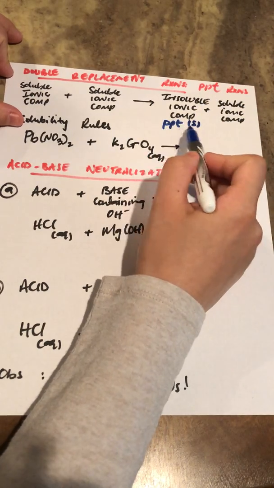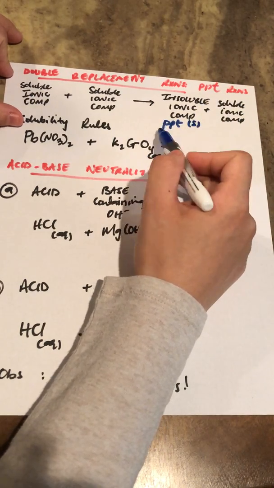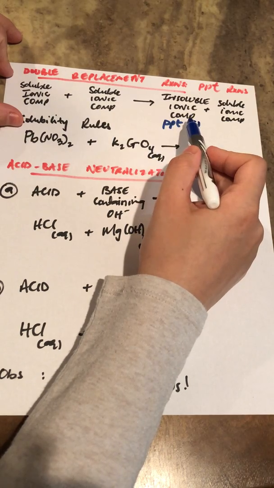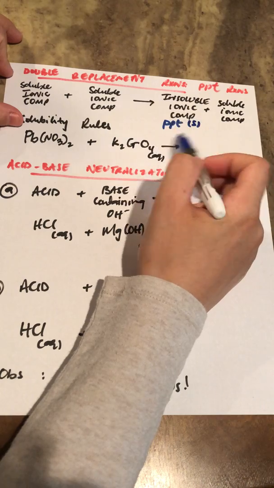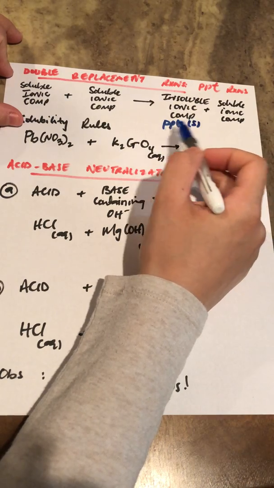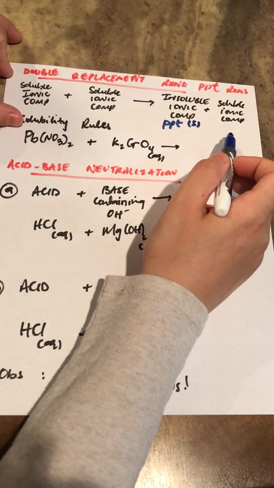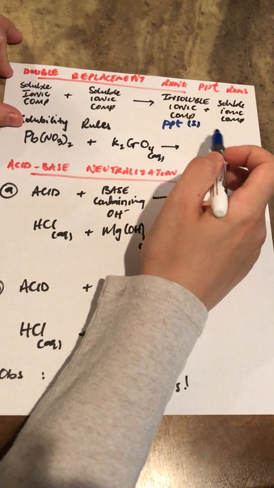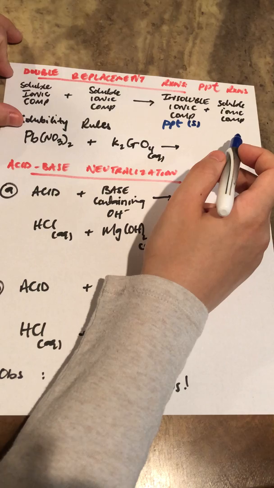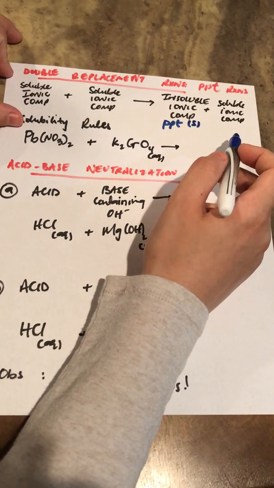It's because we do actually produce that solid precipitate as one of the products. Okay. Now keep in mind, if we do not produce this solid precipitate as one of the products, we will get a no reaction again. So you need to also be careful when you're predicting products over here in double replacement reactions.